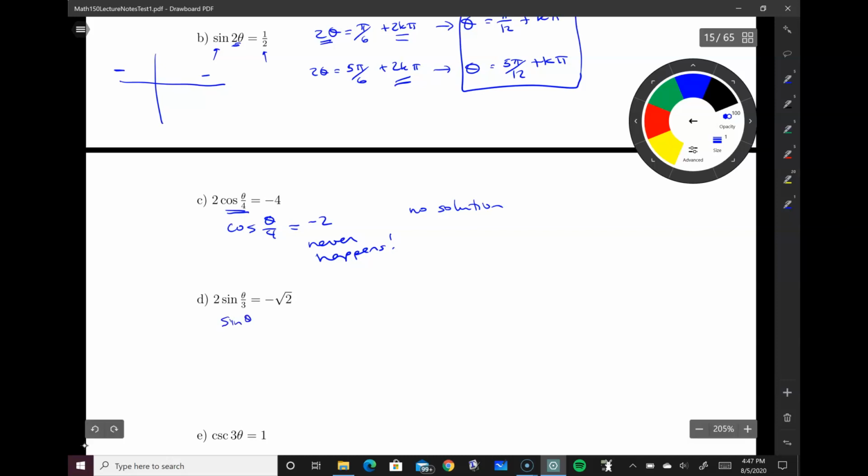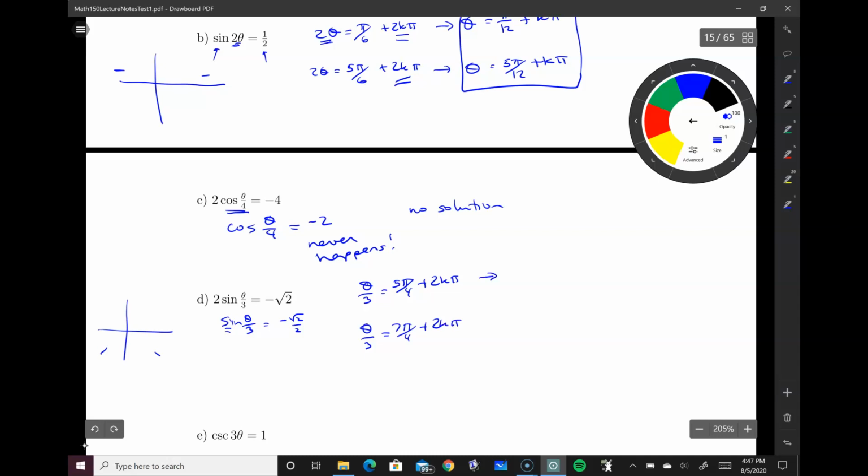All right, again, let's isolate my trig function, negative root 2 over 2. So again, I'm thinking about the angles where the y values give me negative root 2 over 2. So it's going to be these two pi over 4 terms down here. So my theta over 3 will equal 5 pi over 4 plus 2k pi, and my theta over 3 will equal 7 pi over 4 plus 2k pi.